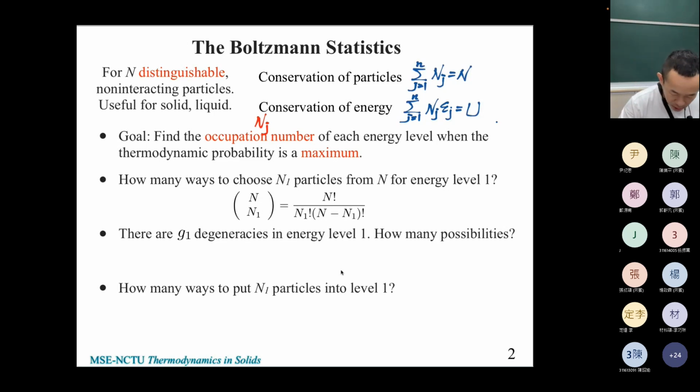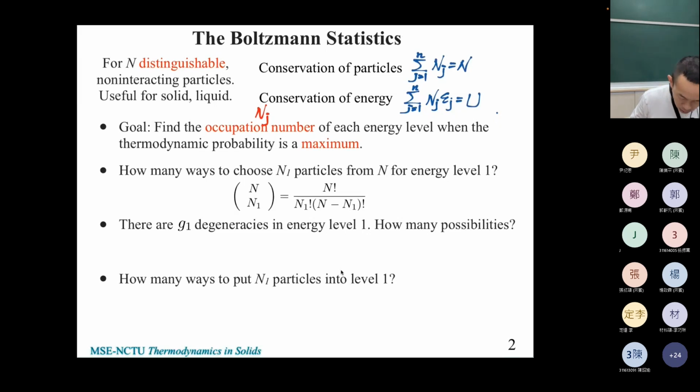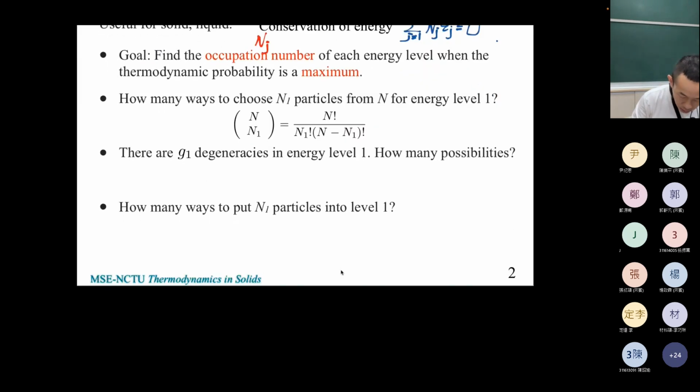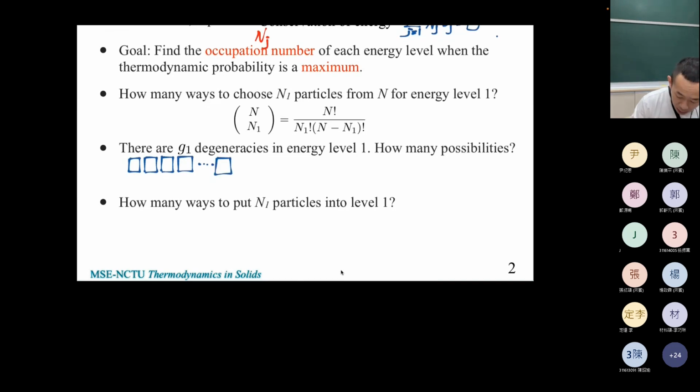So how many possibilities are there? Let's take a look. We have this many degeneracies.